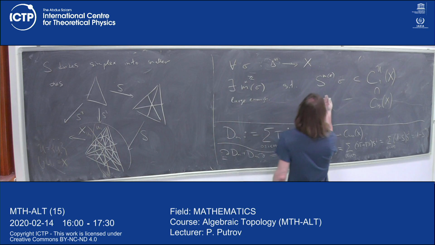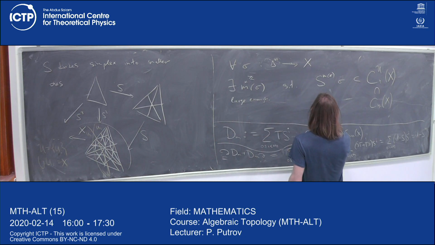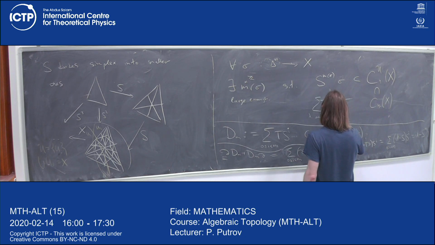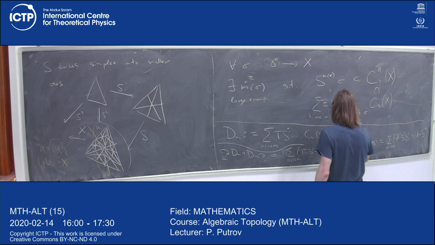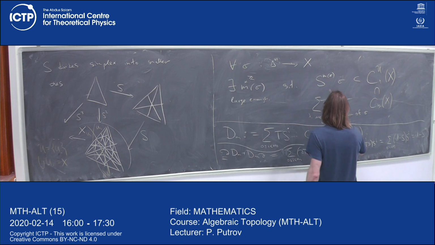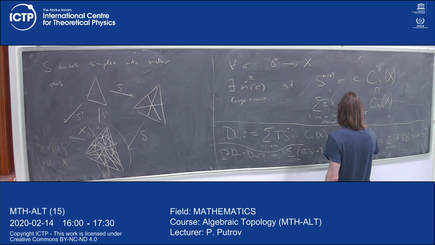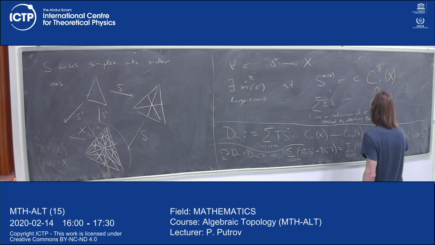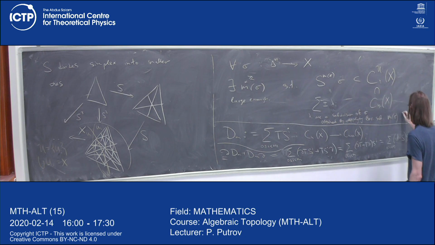So we know that this has the following form: a sum of plus minus λ_i, where the λ_i's are in a subdivision of σ obtained by applying barycentric subdivision M times.